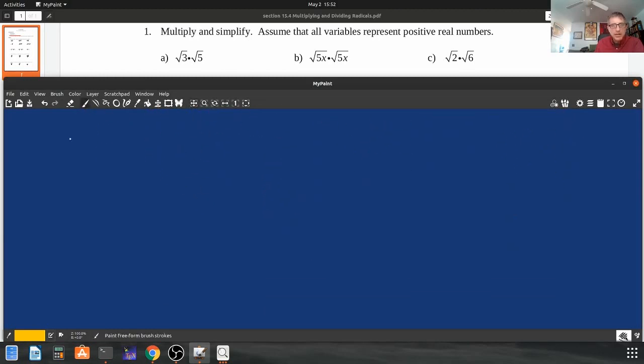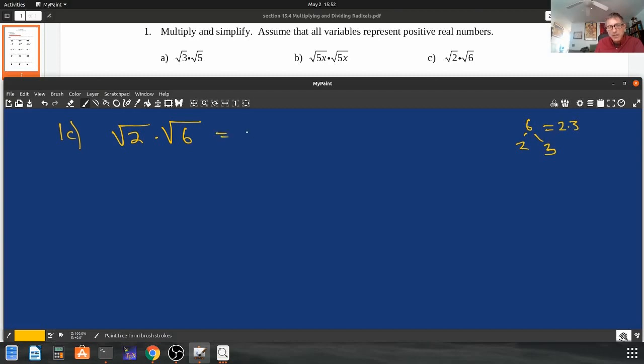And C, we have the square root of 2 times the square root of 6. Now notice there's no way I can simplify 2 because it's prime, and 6 is equal to 2 times 3, and both of those are prime.